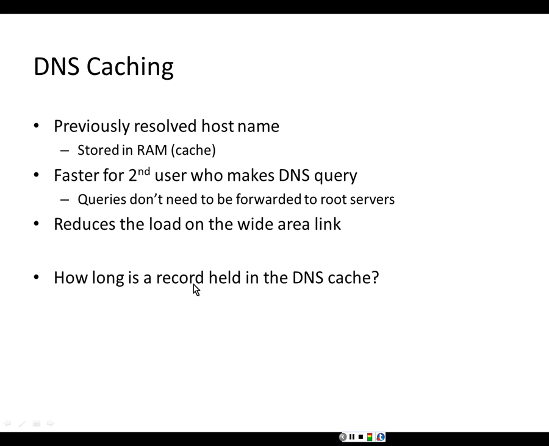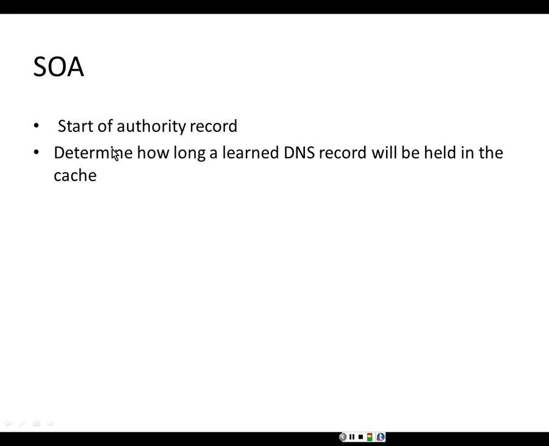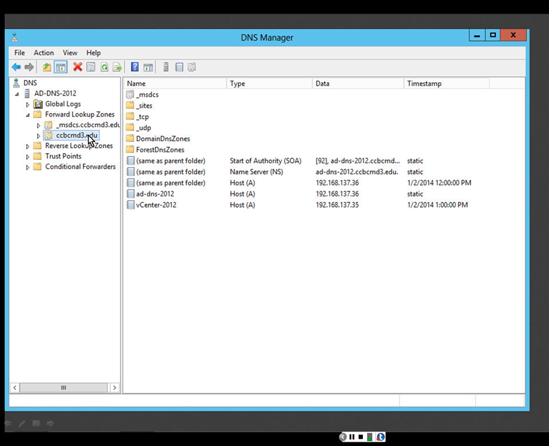So how long is a record held in the DNS cache? To find that out, you look at the SOA, the start of authority record, to determine how long a DNS record will be held in the cache. If we go to our DNS zone, we see there's a record that's called the SOA, the start of authority record.